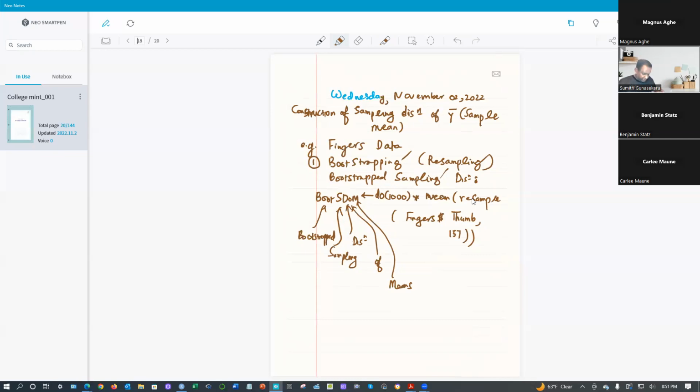In bootstrapping, you just recycle your sample again and again and build up samples. Based on the existing sample, you simulate samples: generation of samples, construction of the sampling distribution, or generation of data. Then you find the mean, do that several times, and draw the histogram.